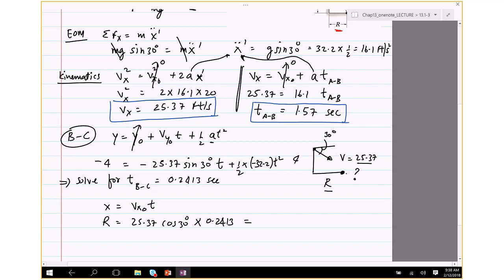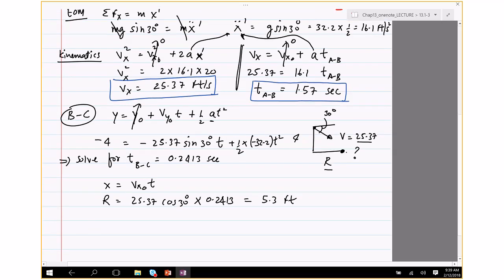If you do this calculation, you get the range is 5.3 feet, and the total time is time AB plus time BC, which is 1.57 plus 0.2413 equals.